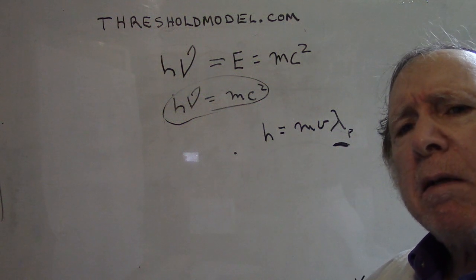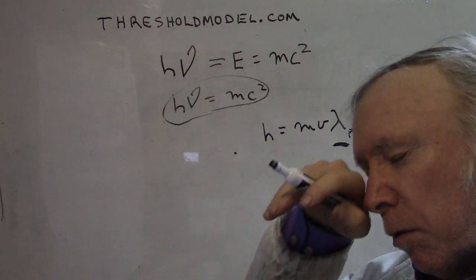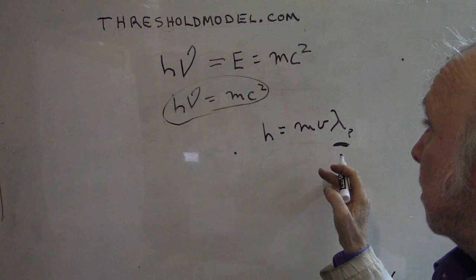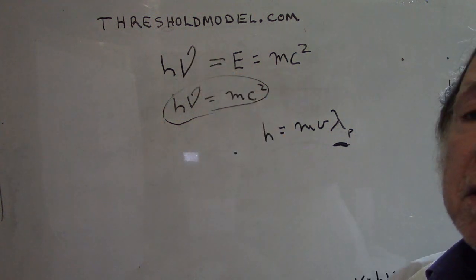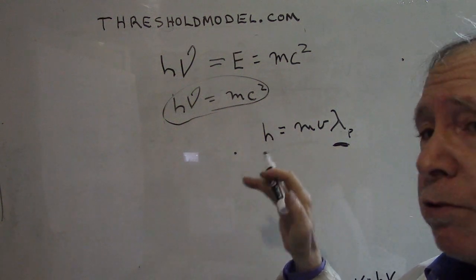It's used that way in textbooks and papers regularly to justify the probability interpretation of quantum mechanics. And I'm saying that this derivation is just full of problems, and we shouldn't be taking that as truth.